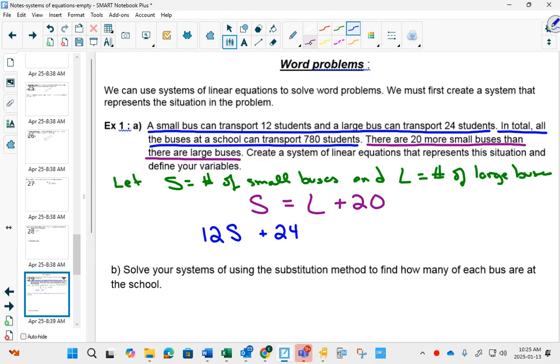And 24 times the number of large buses is how many people could be on the large buses. In total, this can transport 780 students.